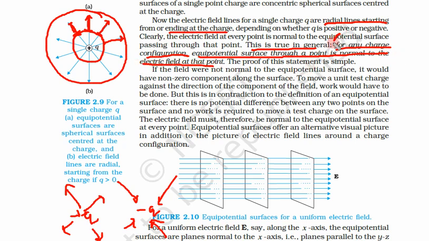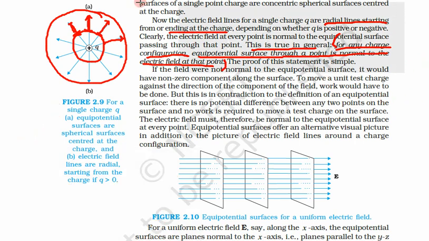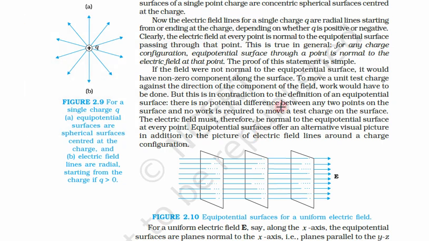What we are trying to say is, equipotential surfaces are those surfaces for which the electric field is normal to the surface. Okay, now this we have understood.